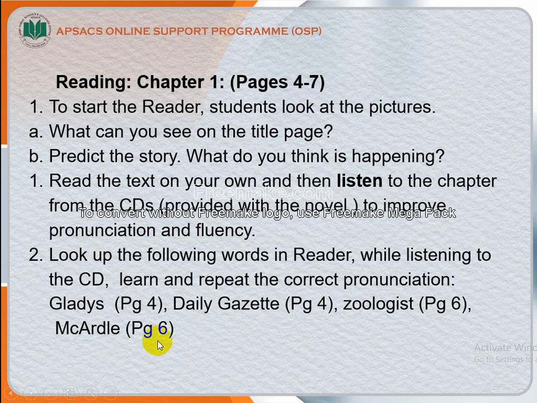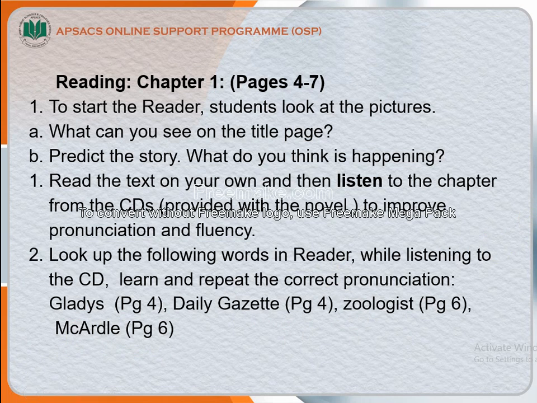You can see here some words: Gladys on page number 4, Daily Gazette on page number 4, Zoologist on page number 6, and McArdle. This is called McArdle. So you can listen to them, and then you can say whether the pronunciation is correct or not.